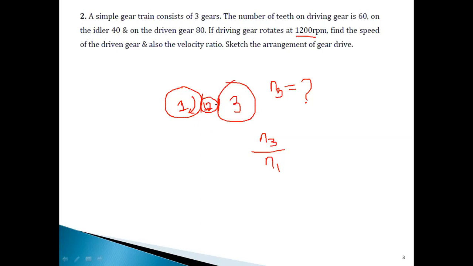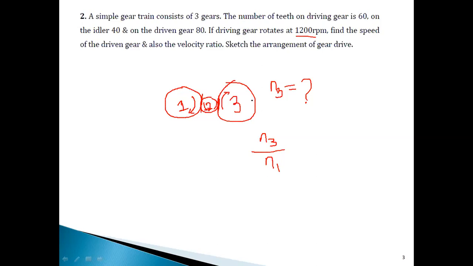Once gear 2 transmits the power to gear 3, at this point there is contact. Gear 2 rotates anti-clockwise, whereas gear 3 rotates clockwise.